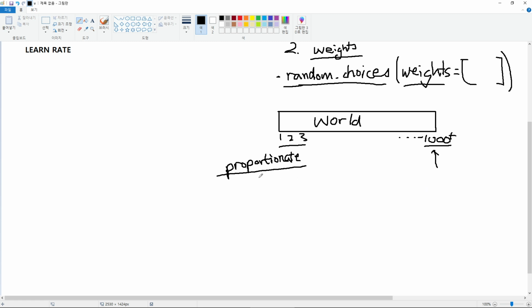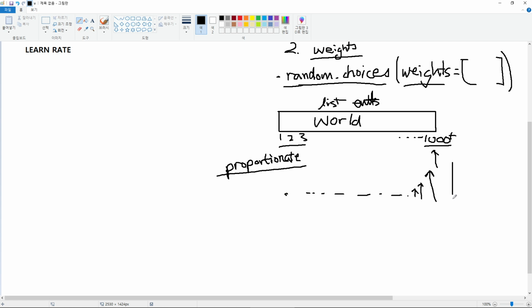And so the first way of doing this would be ensuring that the last entity within the world, the list of entities, has the highest chance of being picked as a learned candidate, and ensuring that the second last one has the second highest, the third last one has the third highest, and on and on, and the top entity, the head entity, would have a very small chance of being picked.